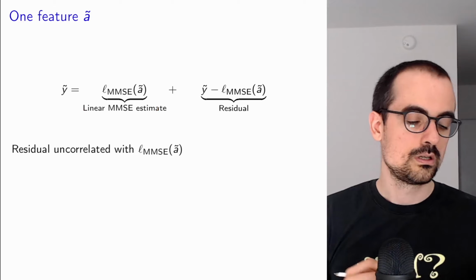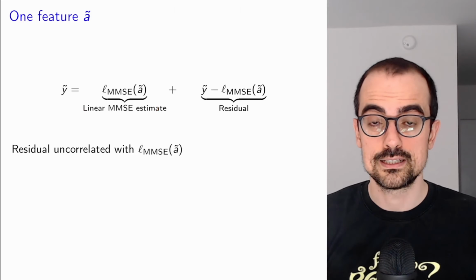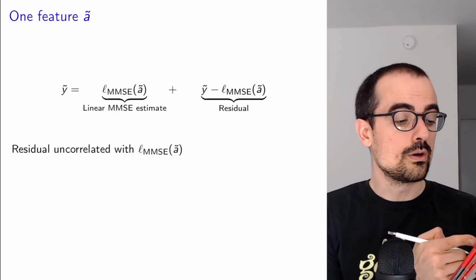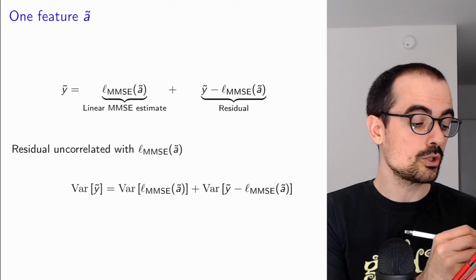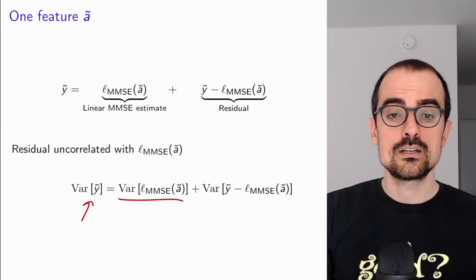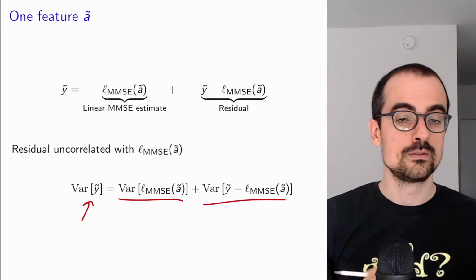These two random variables are actually uncorrelated, which is important because then when we consider the variance of the response, we can separate it into the variance of the estimator and the variance of the residual.